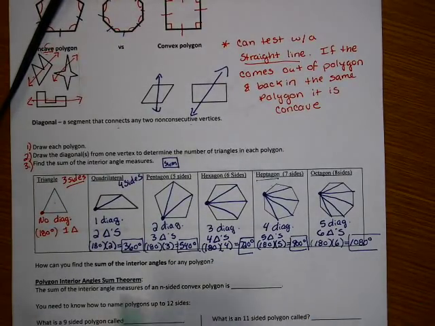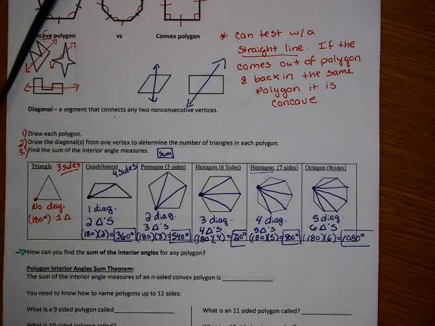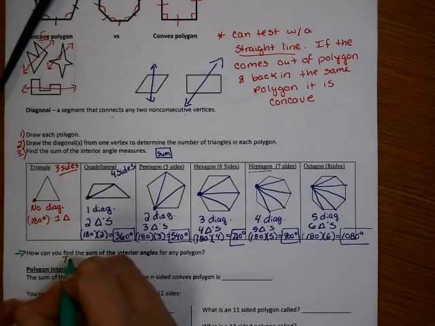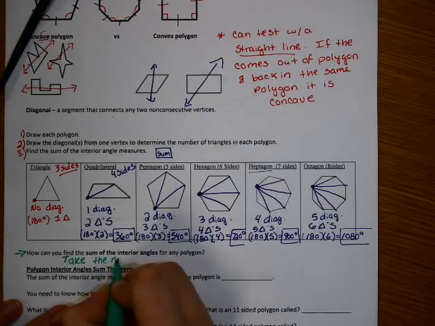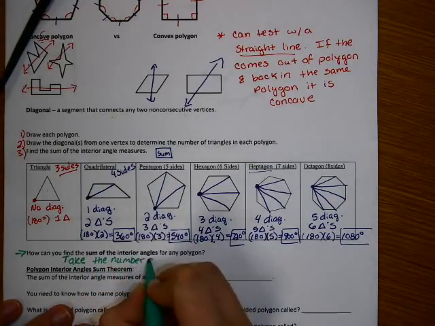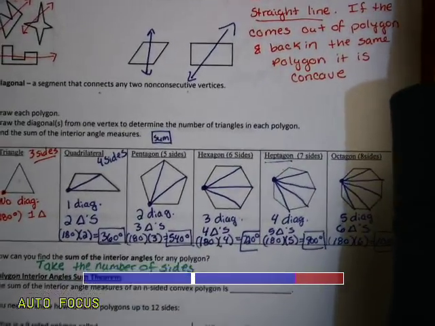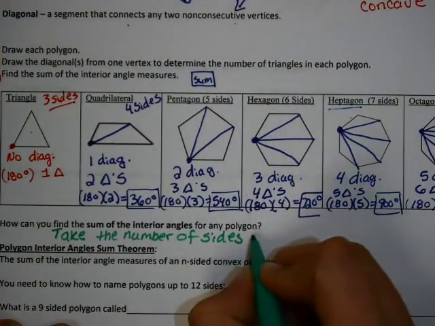So here's how we can find the sum of our interior angles for any polygon. So if you have a 22-sided polygon, you can still find it without having to draw every single diagonal. What you want to do is you'll take the number of sides, we'll zoom back in here, and subtract 2, right?